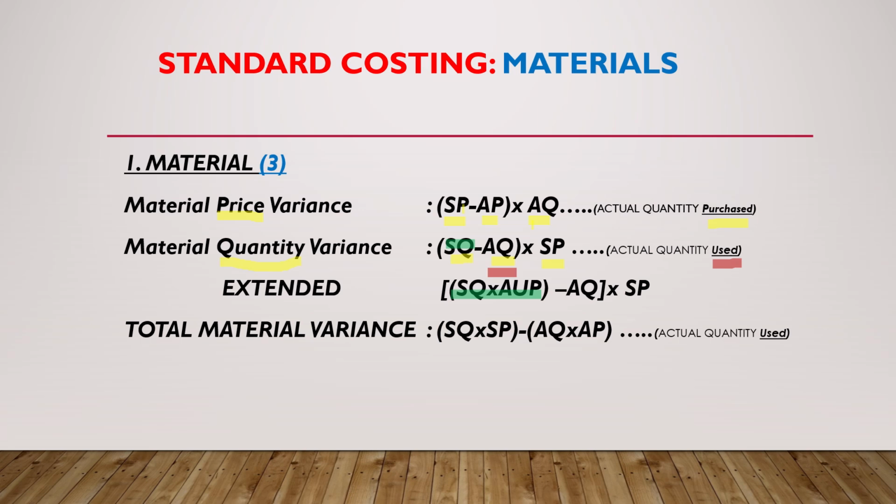Now also you need to take note again that here, when you are talking about total material, this actual quantity is the same as the one that is used. So quantity purchased is only used when you are talking about price. I hope that is clear to everyone.